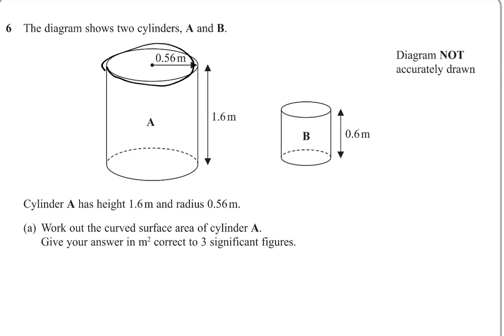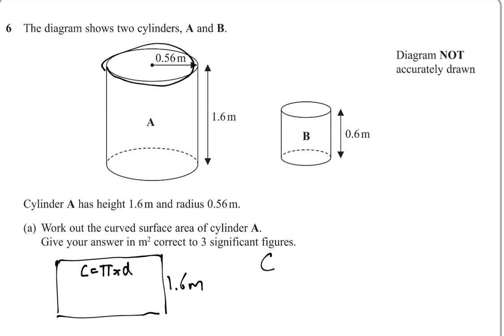So this length forms a rectangle, quite long, which is going to be 1.6 meters high, and then this is actually the circumference of the circle, and we know the circumference equals pi times the diameter, and we know the diameter is twice the radius, so the circumference equals pi times 0.56 times 2.